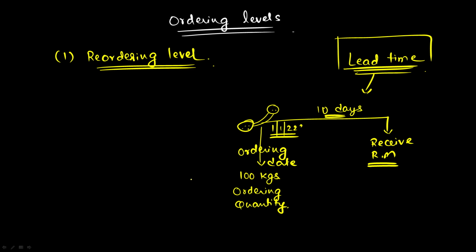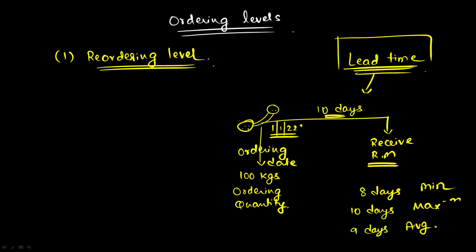And the lead time will normally be quoted in this manner: 8 days minimum. This will be regarded as minimum lead time. 10 days maximum. This will be regarded as maximum lead time, and in this situation I will be treating 9 days as average lead time.